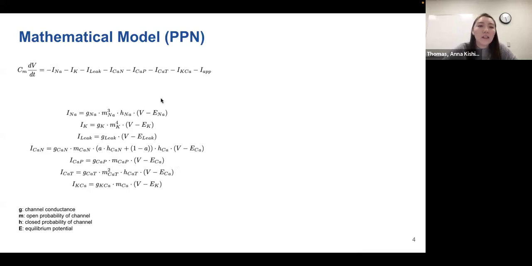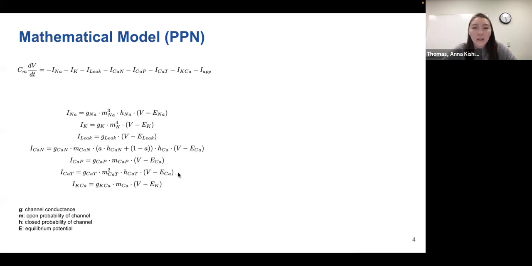And one of the tricky things here was that this model for PPN, this kind of ODE model of this formulation, does not quite exist. So it was our job to read up on the literature and to figure out which currents are exhibited, and then to find out how these currents have been represented in papers in the past. And there's not quite a consensus on them yet, but we've chosen the ones that we think are plausible and would contribute to the dynamics that we're trying to recreate.